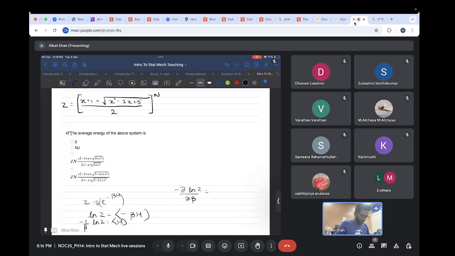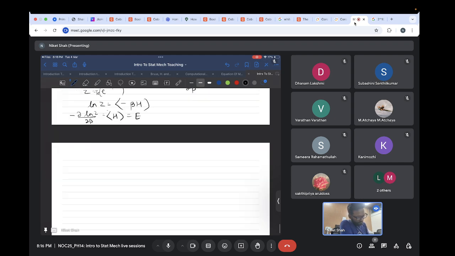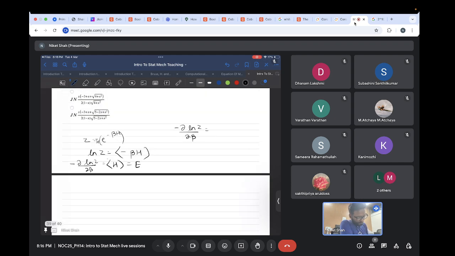Oh, okay. I cannot actually do this. Right, I realize that. So basically, ln Z involves the expectation of minus beta H. Del of ln Z by del beta, with a negative sign, gives me the expectation of H, which is the average energy which I seek. So that's why this is my expression.